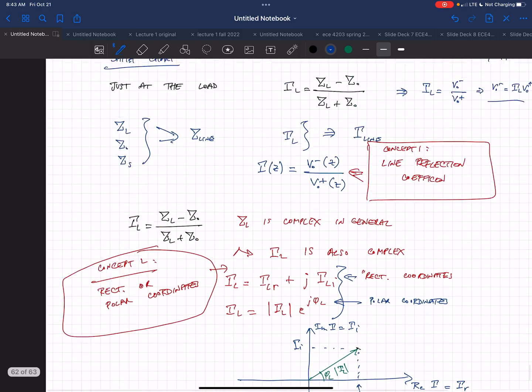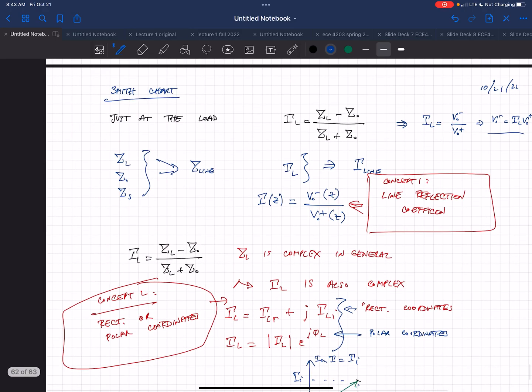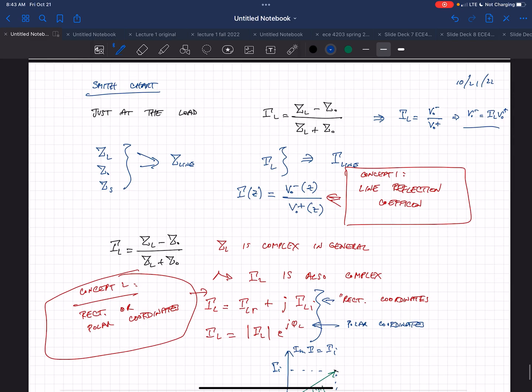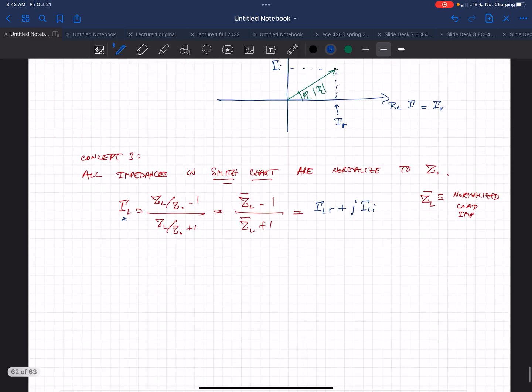So what is this saying? Notice that anywhere along the line, not just at the load, there is a direct relationship between the impedance and the reflection coefficients.